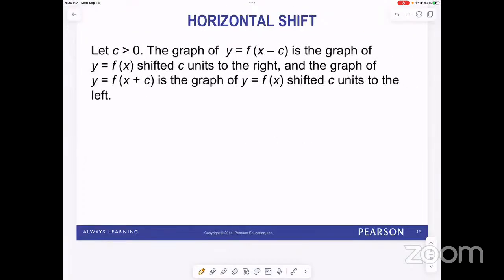The graph of y equals f of x minus c is the graph of y equals f of x shifted c units to the right. And the graph of f of x plus c is the graph of y equals f of x shifted c units to the left. So we subtract a positive on the inside, it moves to the right. We add a positive on the inside, it moves to the left. Horizontal change being the reverse of our intuition.